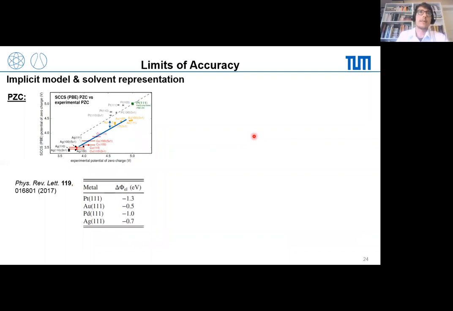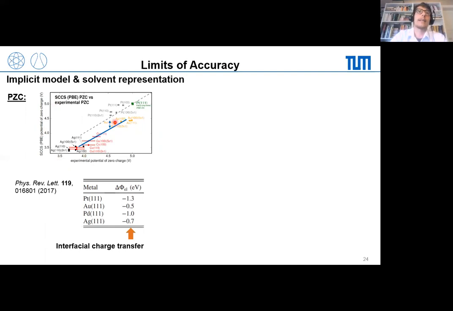Here is a different property we looked at, which, as I mentioned in the beginning, is the potentials of zero charge for metallic surfaces. Here again, we see some inconsistencies. While platinum with this parameterization seems to reproduce the potentials of zero charge quite well in theory in such implicit solvation models, on the x-axis you have the experimental value and on the y-axis the theoretical one.